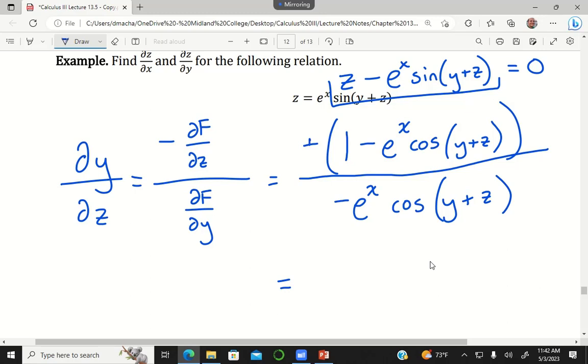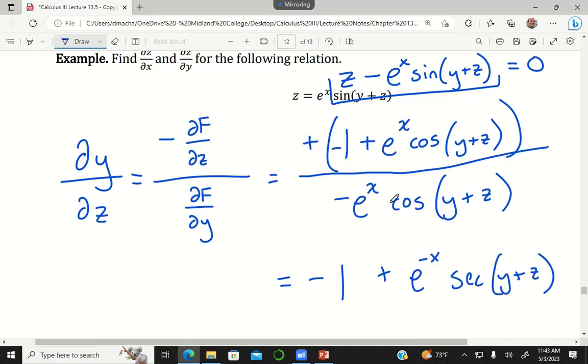Because this is like that, and that's negative 1 plus e to the negative x secant y plus z or something like that. I think that's right, but could be wrong. You get the idea.